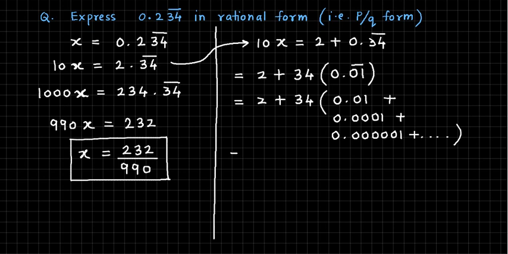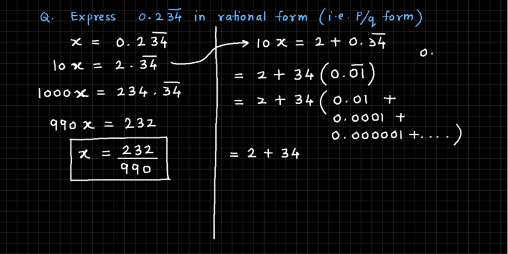Now if you look at the numbers inside the bracket, we realize that they form a GP, because the starting term is 0.01 and it keeps getting multiplied by itself. So 0.01 is the common ratio, which is definitely less than 1, and there are infinitely many terms inside the bracket.